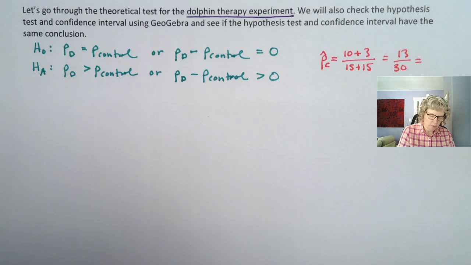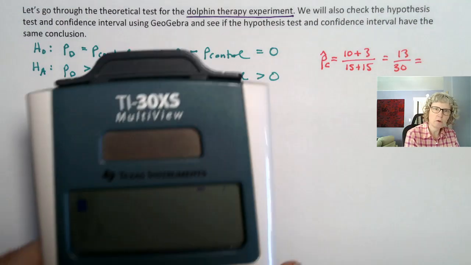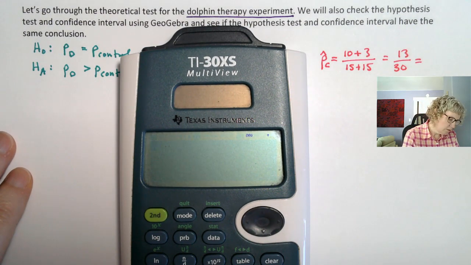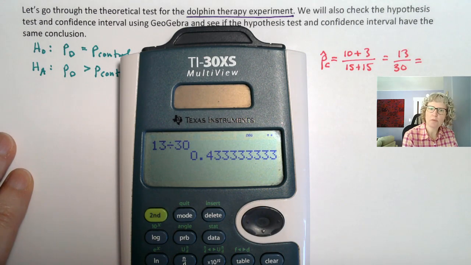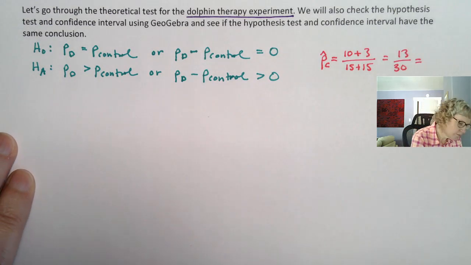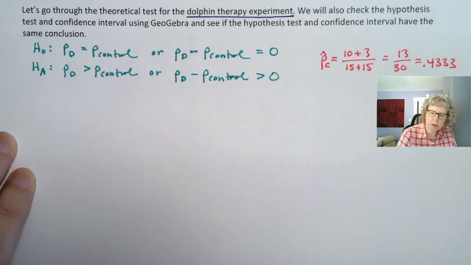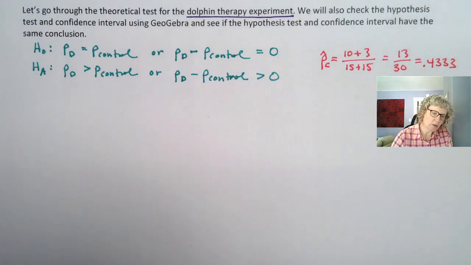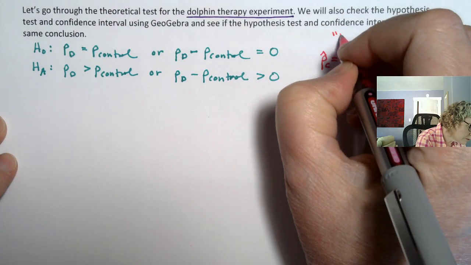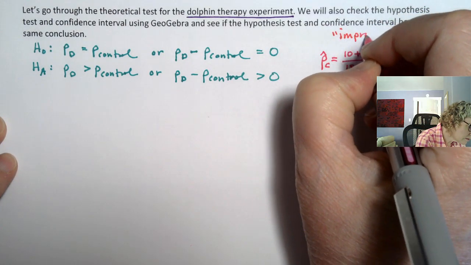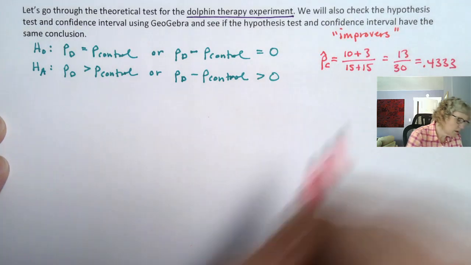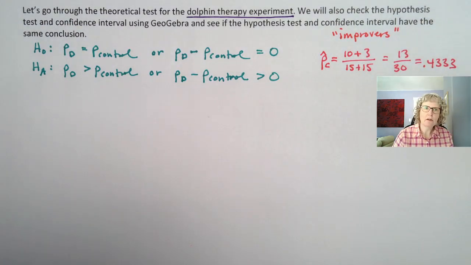And let's get a decimal for that, since we'll need this in our formula coming up. 13 out of 30 is 0.43 repeating, so 0.4333. Okay, or you could also write approximately equal there. Okay, and remember, these are the improvers. Okay, so that is our assumption for the null being true.